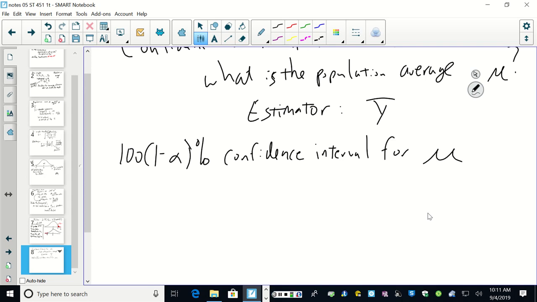Right. So we can make a probability statement that's true. The probability that a t-distribution with n-1 degrees of freedom is between two values can be set up to be 1 minus alpha. So if alpha is 0.05, then 1 minus alpha, 100%, is 95%. So like a 95% interval.